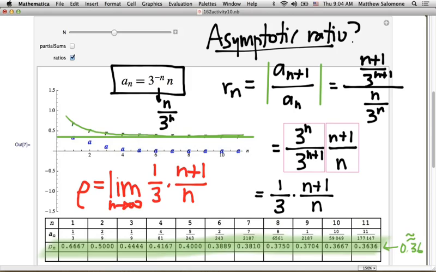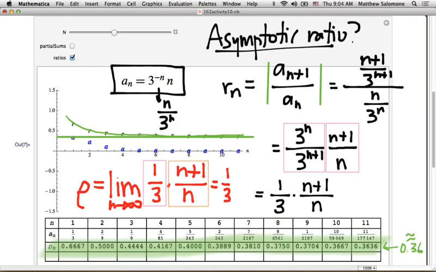Well, what do I get when I take the limit of 1/3 times (n plus 1) over n as n tends to infinity? First of all, what happens to this 1/3? Nothing. But what about (n plus 1) over n? What does this tend to?